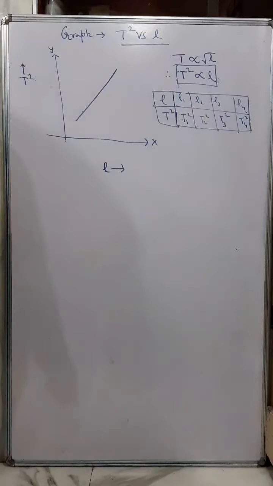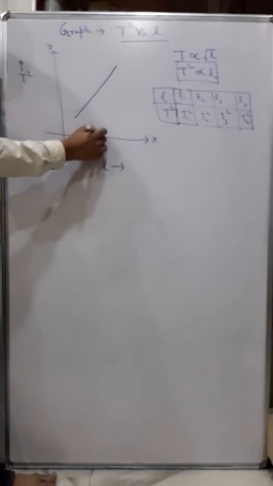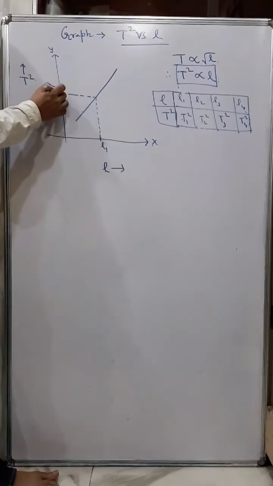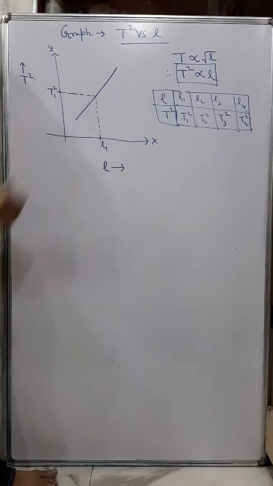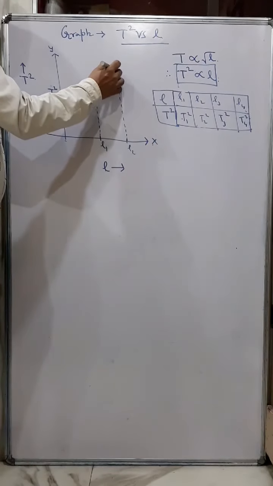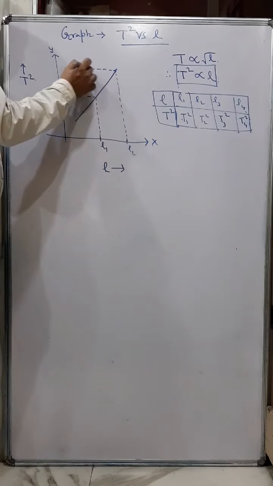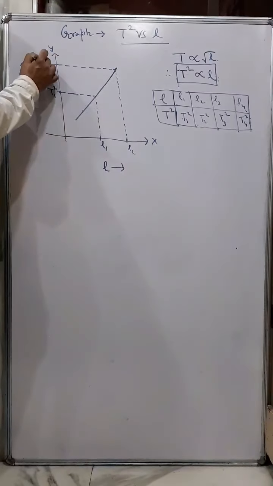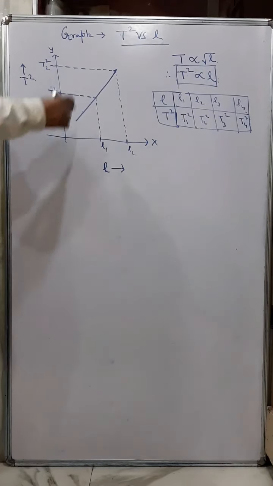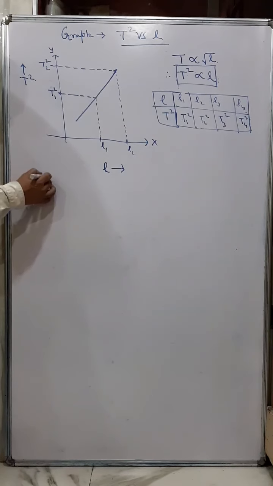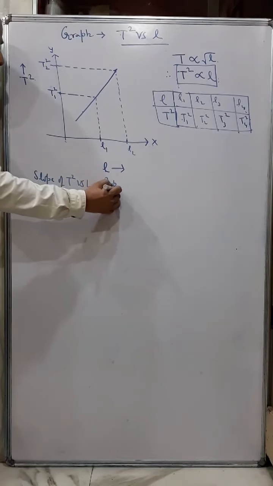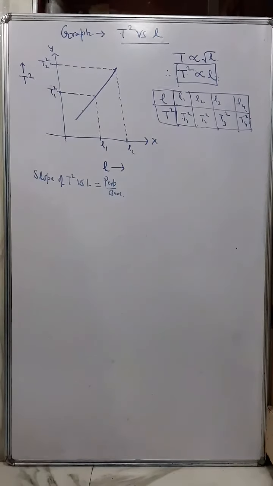Now suppose at a certain length, say L1, this is the time period T1 square, and at another length L2, this is the point, and when the length of the pendulum is L2, the time period is T2, so I am getting T2 square because I require T square and L. Now if I want to get the slope of this graph, what does the slope of the T square versus L graph mean? You have done perpendicular by base in the displacement-time and velocity-time graphs.